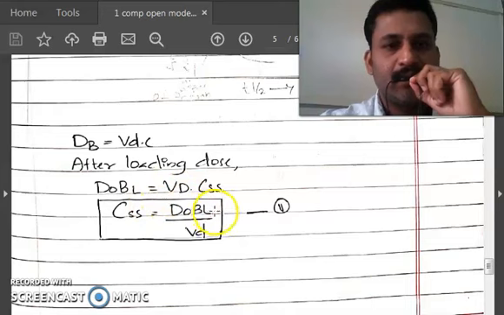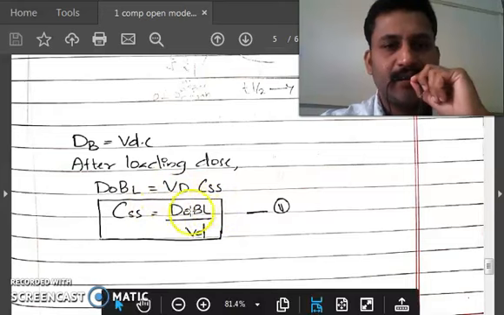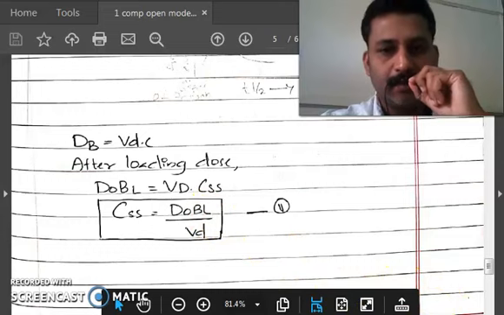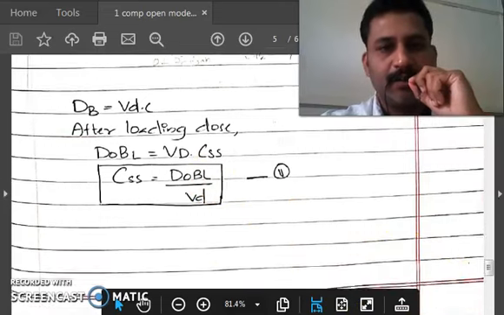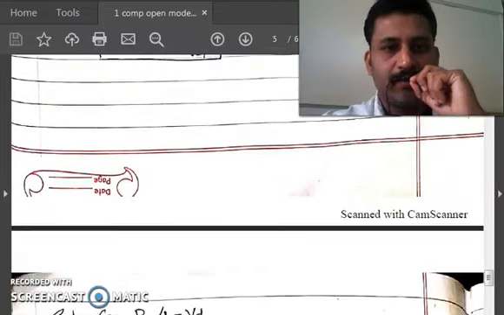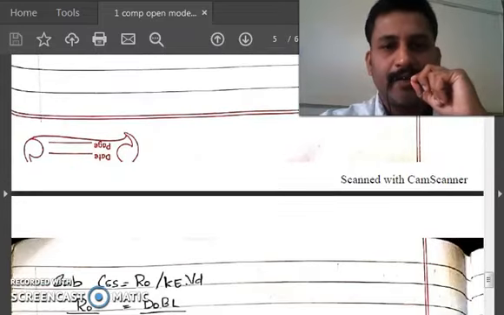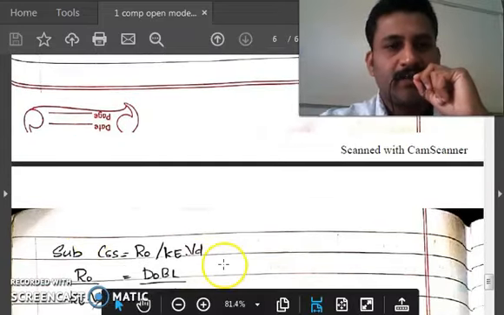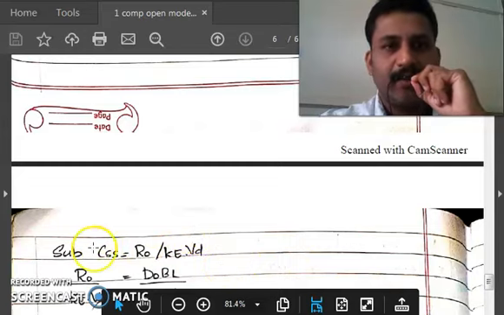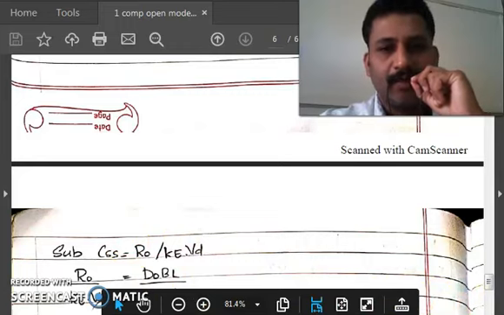To differentiate the loading dose, we are writing it as D0BL. That's the equation for loading dose. So we know that CSS is equal to R0 by Ke into VD, or R0 by CLT. But we are taking the third equation, CSS is equal to R0 by Ke into VD. We will substitute this above.